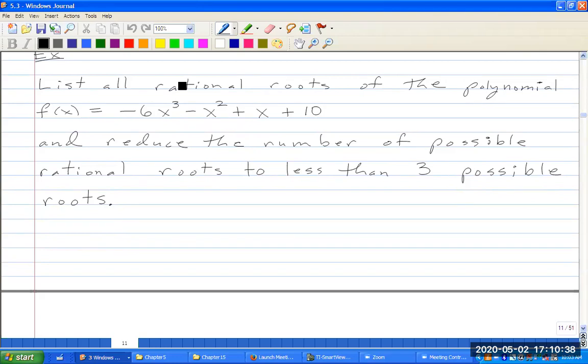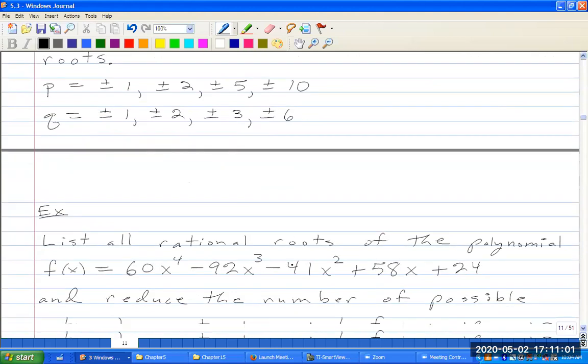Let's look at P and Q. P, in this case, the factors of 10: 1, 2, 5, and 10. Q, the factors of 6: 1, 2, 3, and 6.